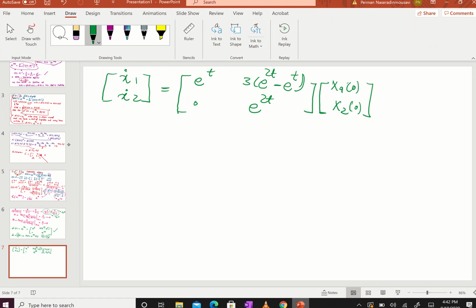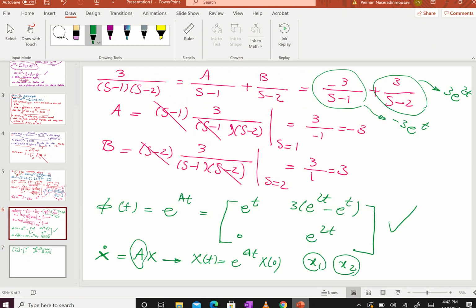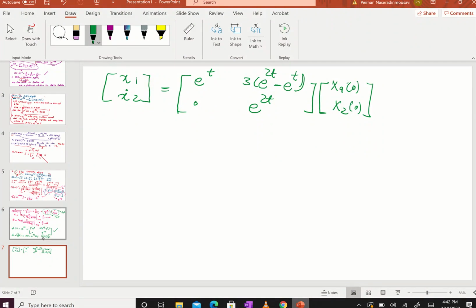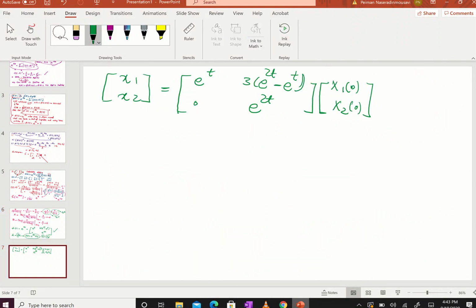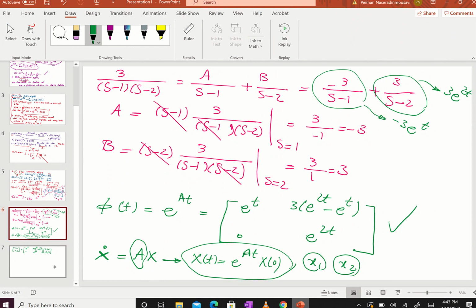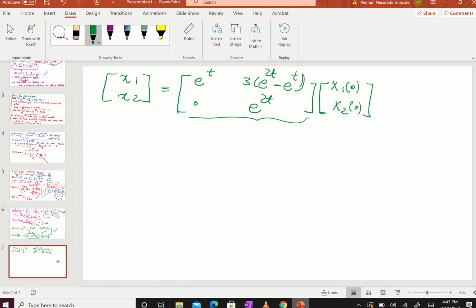Sorry guys, I mean the solution, not that. See, this is the solution that we got together. So again, this is the matrix exponential.